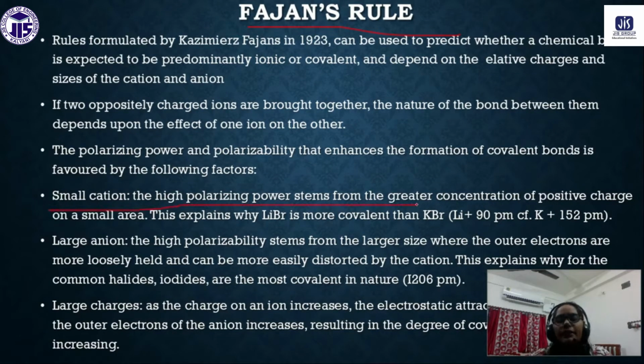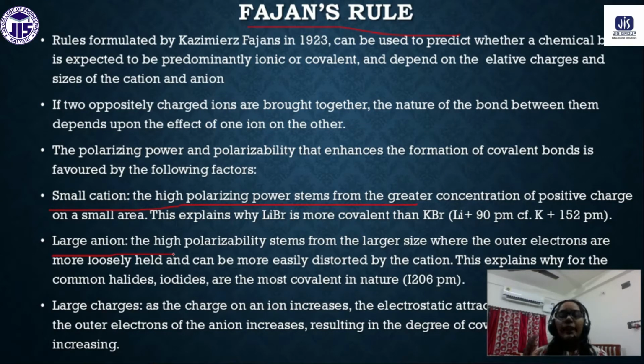If we have a small cation, that cation has higher polarizing power, so it has a tendency to make the covalent bond more. For a larger anion, the electrons are loosely bound, and that is why the electrons can be distorted more towards the positive ion.